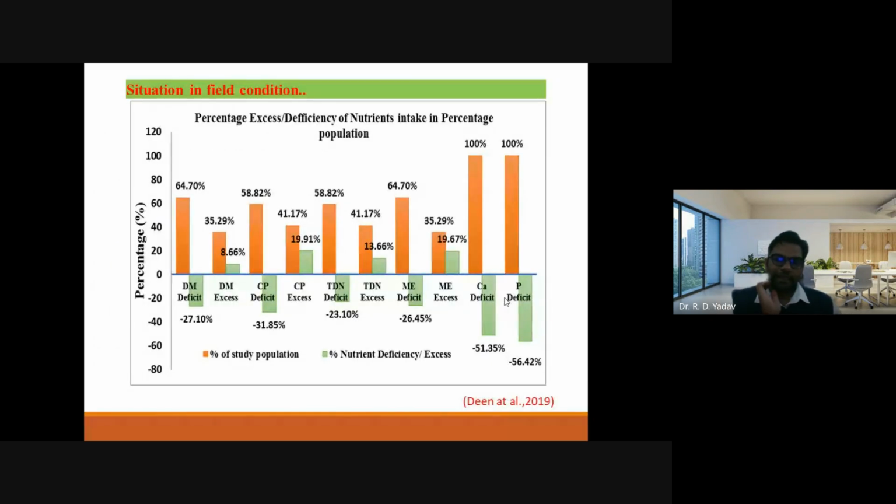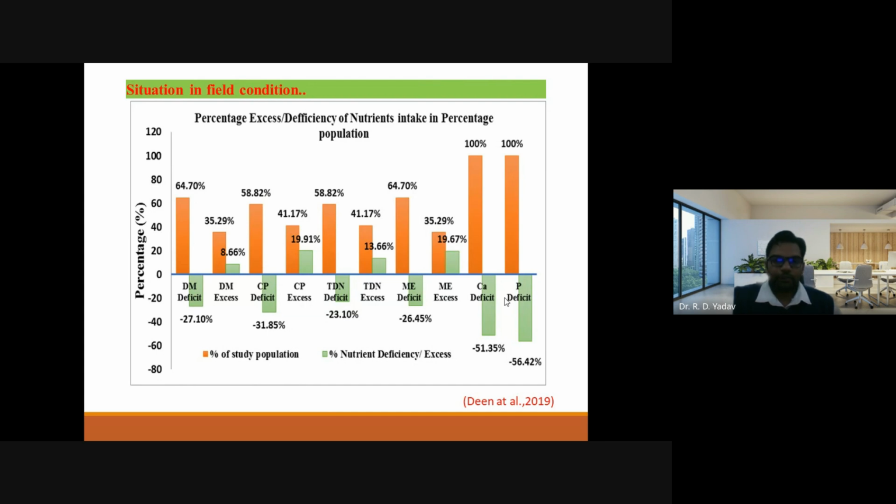It is a field study from 2019. It was a study in Western UP, in Shamli district. Here we can see there is a huge imbalance in rural areas in feeding patterns and nutrient content.